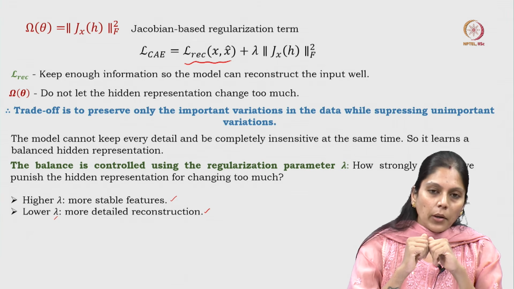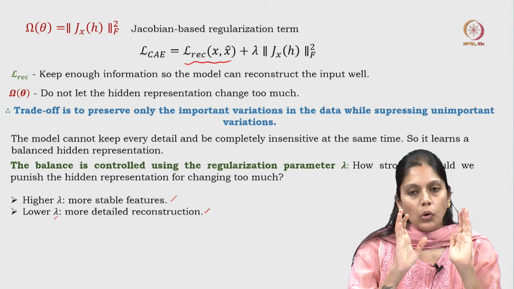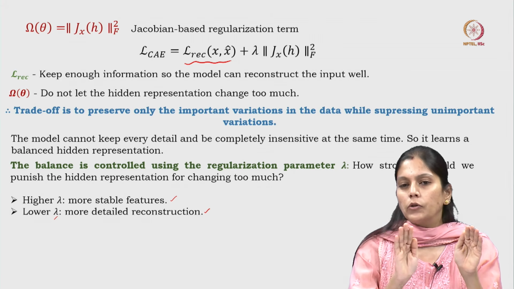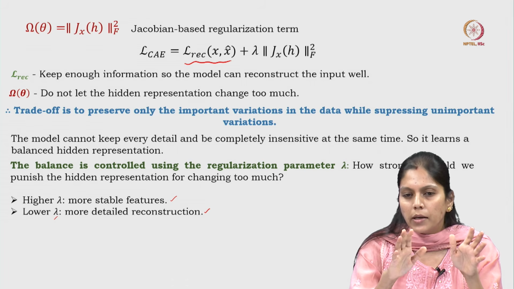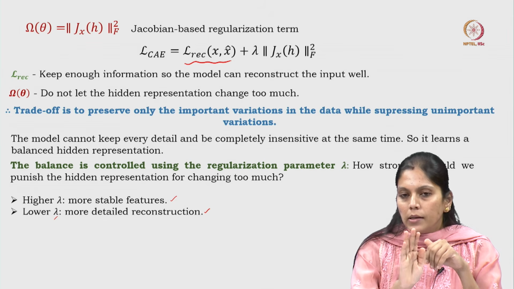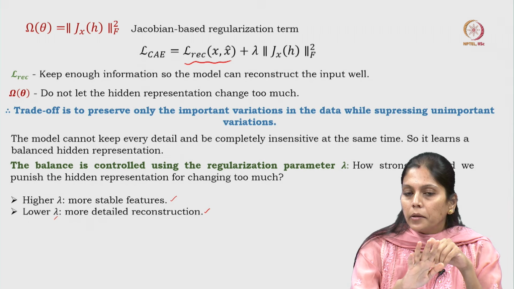What do we mean by important or genuine variations? Those which are a part of the original data, not because of some noise or some change in the brightness. That variation is a genuine variation, which means the ideal requirement is that our hidden representation has to capture that.